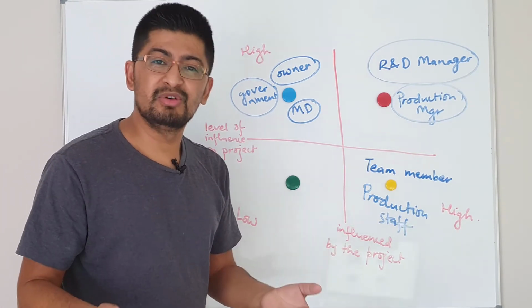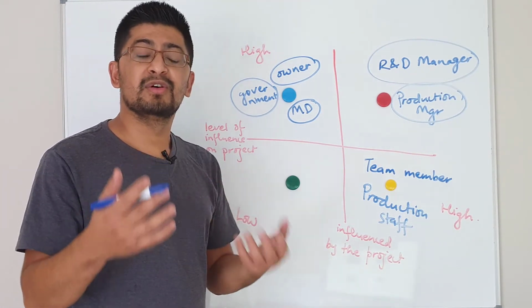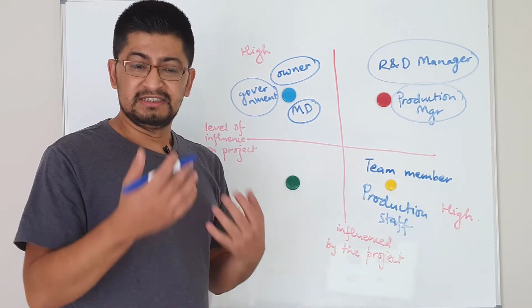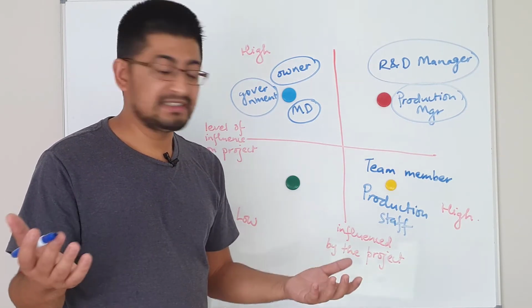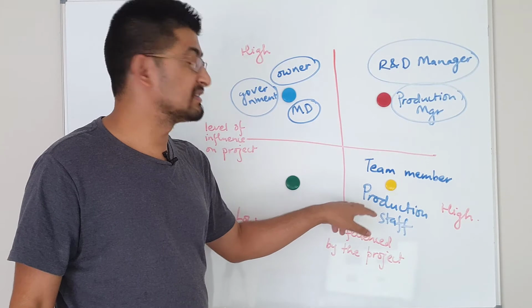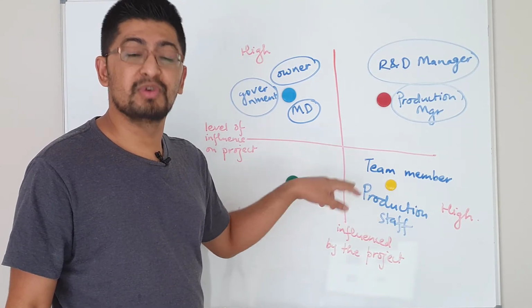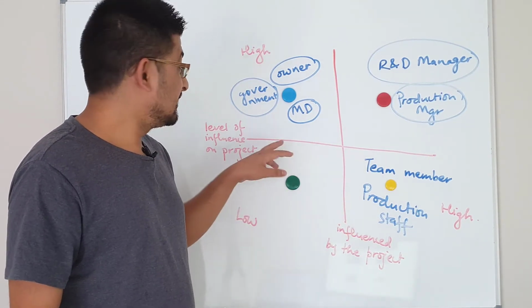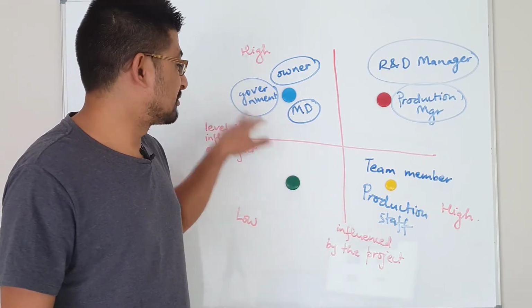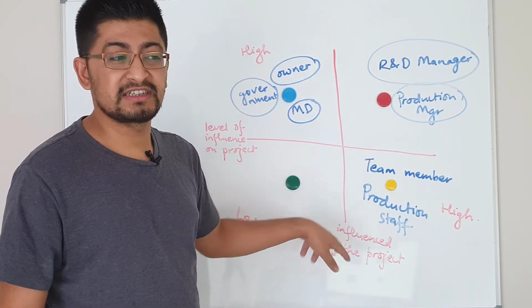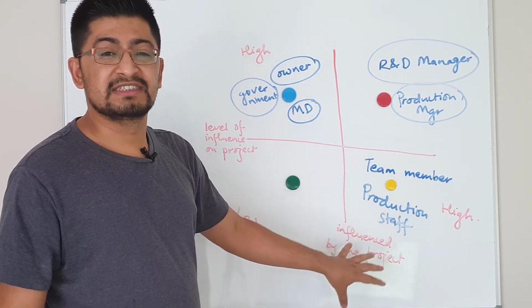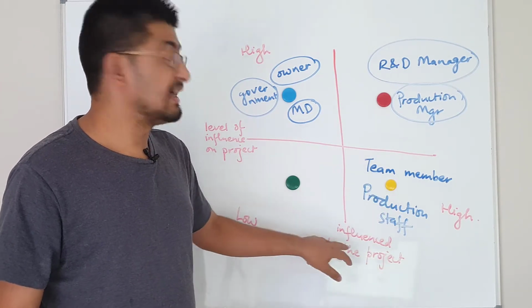If you are working in a food manufacturing industry and your project is developing a new type of biscuit, then those are the team members. They are going to produce the biscuit, and they do not have a lot of say on the project. But if the project is unsuccessful or gets hampered, then they are highly influenced by that.